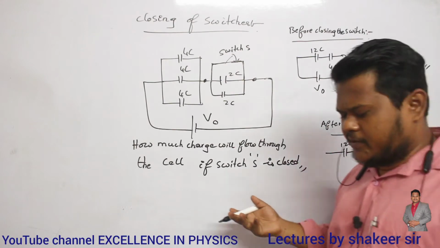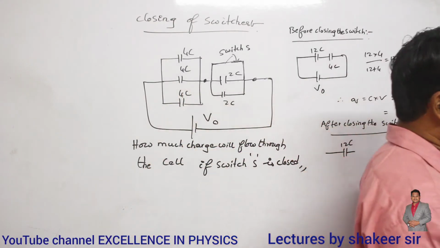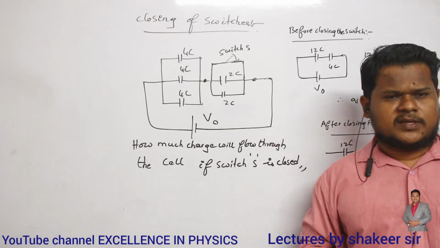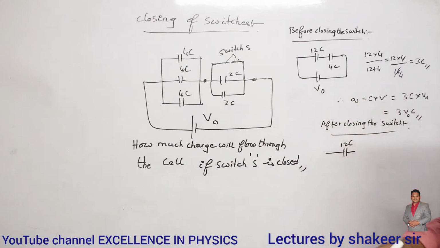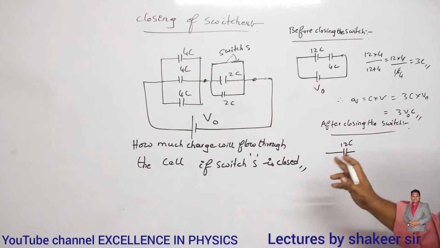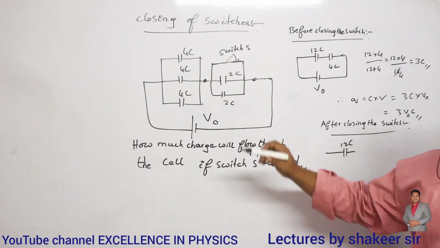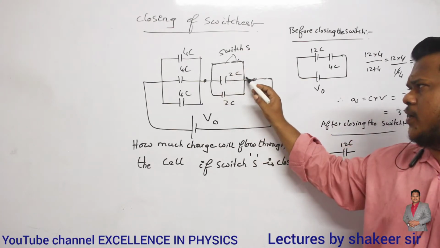We have always studied in the last classes that charge will prefer the branch where there is no resistance, where there is no capacitance. If there is no capacitor or resistor in a branch, charge will prefer that branch. So this branch is just like a short circuit, and charge will prefer to flow in this branch.